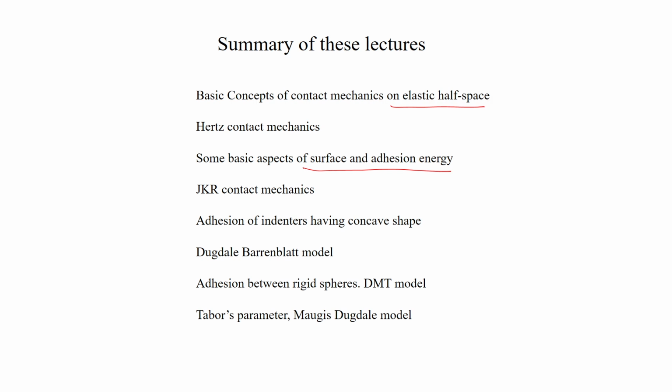I also made use of the theory of fracture mechanics to estimate this work of adhesion. Then I discussed adhesion of indenters having concave shape, and I estimated what the pull off load will be in different cases, and also the optimized shape that will give rise to maximum pull off load. I briefly described the Dugdale-Barenblatt model.